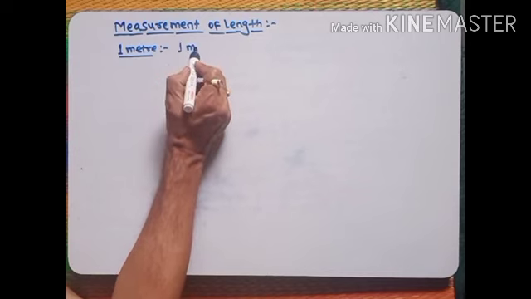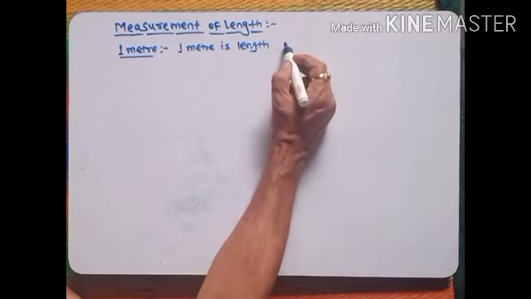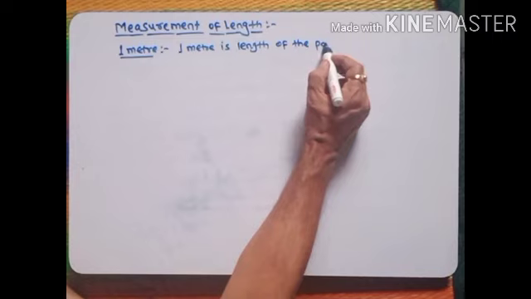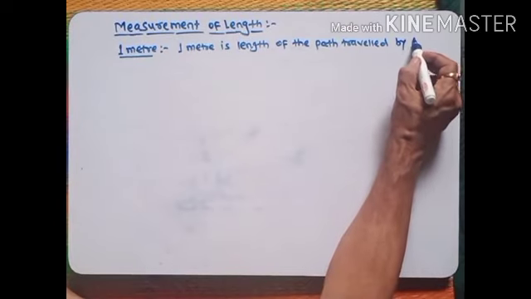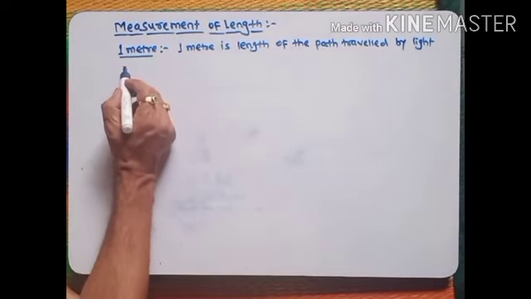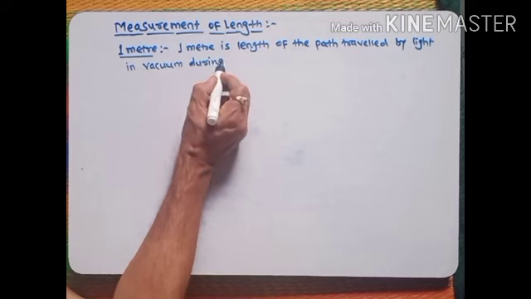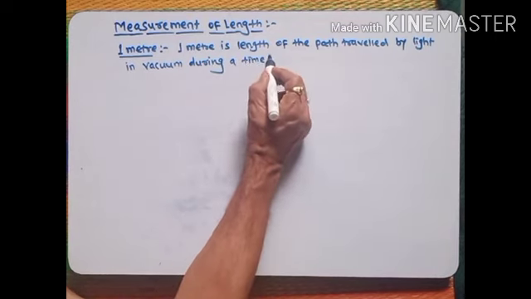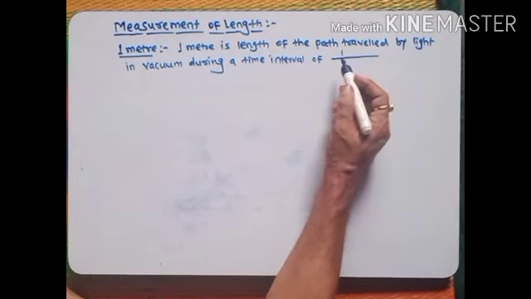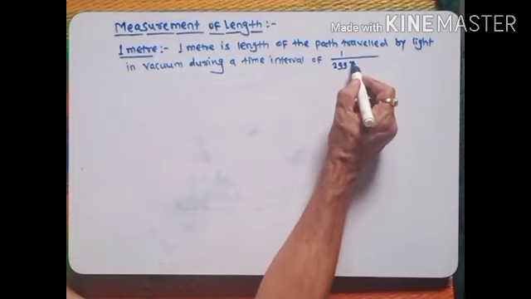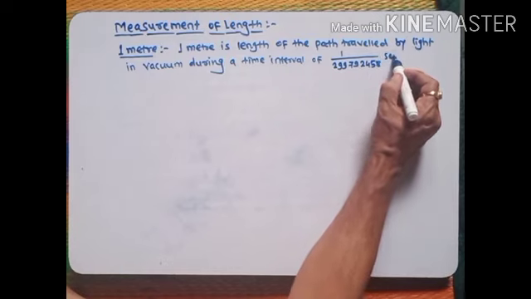1 meter is the length of the path traveled by light in vacuum during a time interval of 1 upon, see here, this figure is important, 299,792,458 seconds.